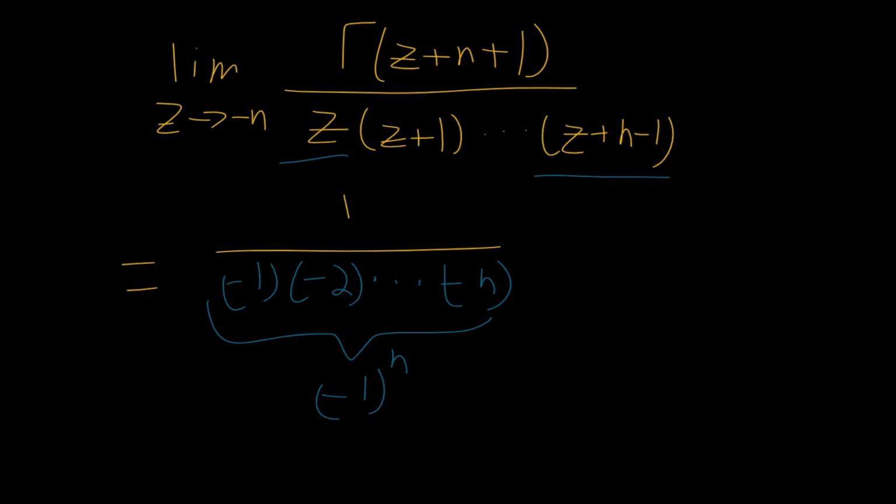That is the integer definition of factorial, so this is n factorial. That means, in general, the residues of the gamma function are -1 to the n divided by n factorial, for some integer n.